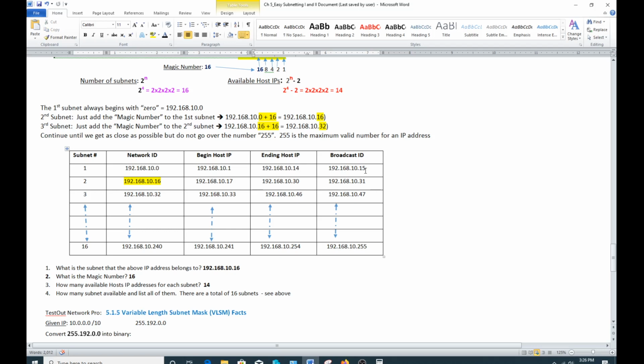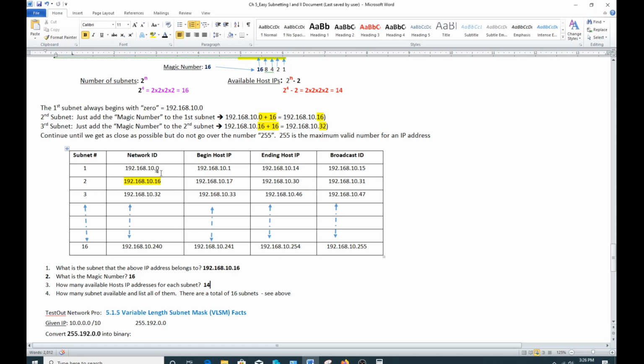Okay, in a network or in a subnet, the first IP address is always reserved for the network ID, and the last IP address is always reserved for the broadcast ID. Again, the first IP address of a subnet is always reserved for the network ID, and the last IP address of a subnet is always reserved for the broadcast ID.